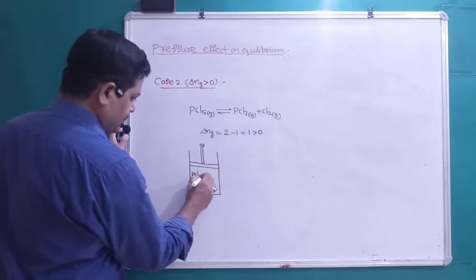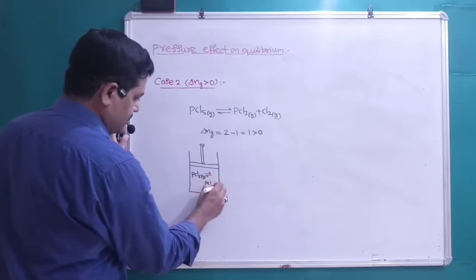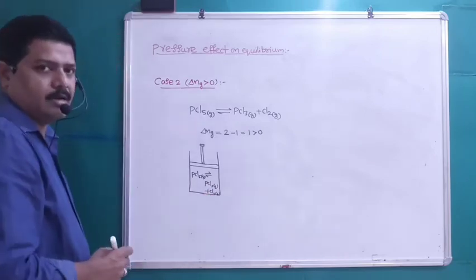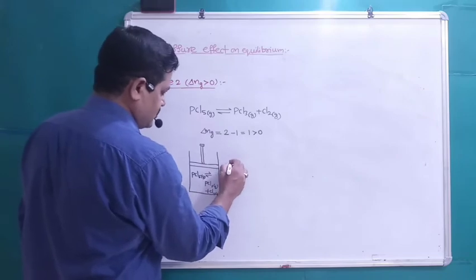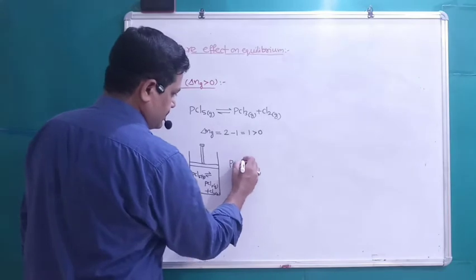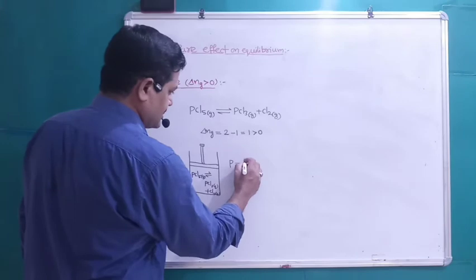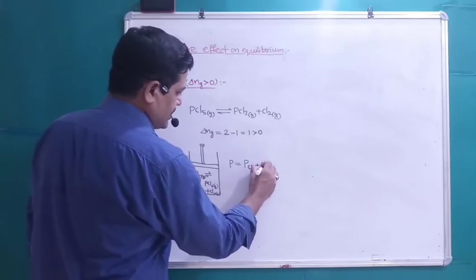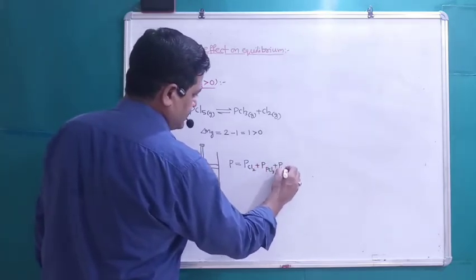PCl5 gas gives rise to PCl3 gas plus Cl2 gas. Assume when it is in equilibrium, the total pressure is P. So P is equal to the sum of the partial pressures: pressure of Cl2 plus pressure of PCl3 plus pressure of PCl5.